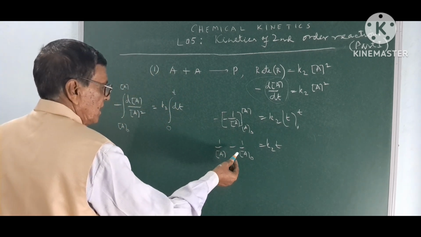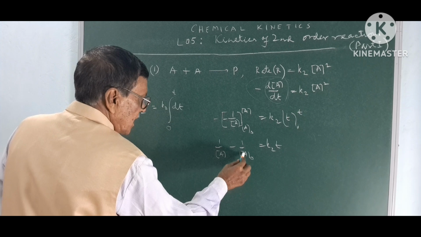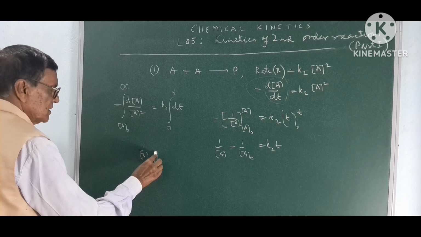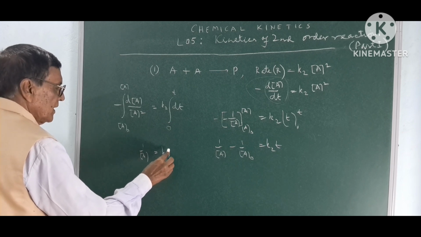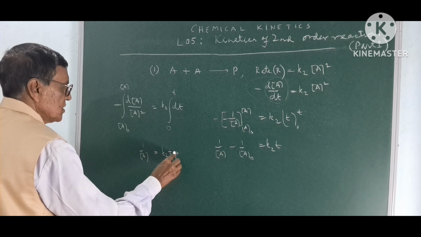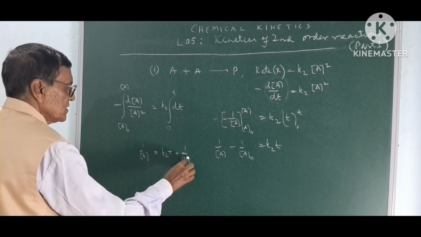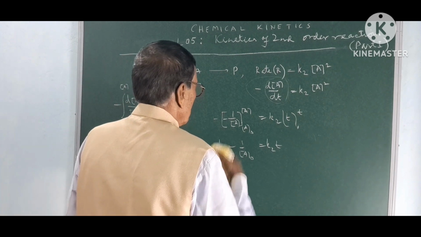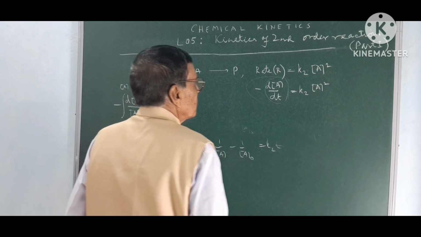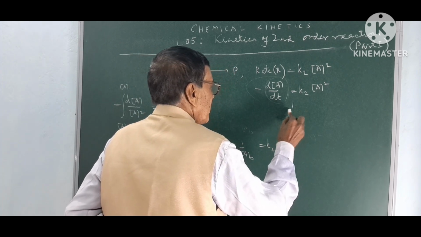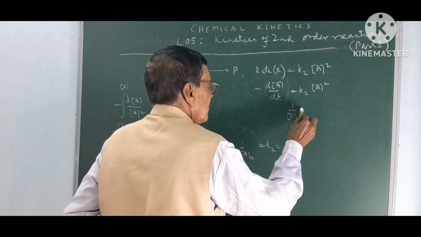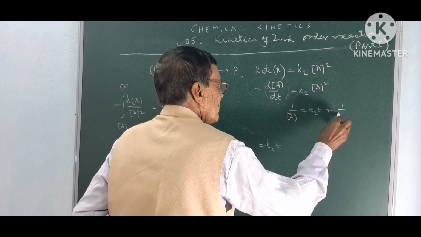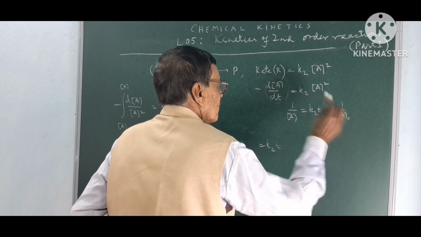Or if we shift this term to the right hand side, then 1 by A equal to K2 into T plus 1 by initial concentration of A. So this is one form, and we shall write here 1 by A equal to K2T plus 1 by concentration of A naught.